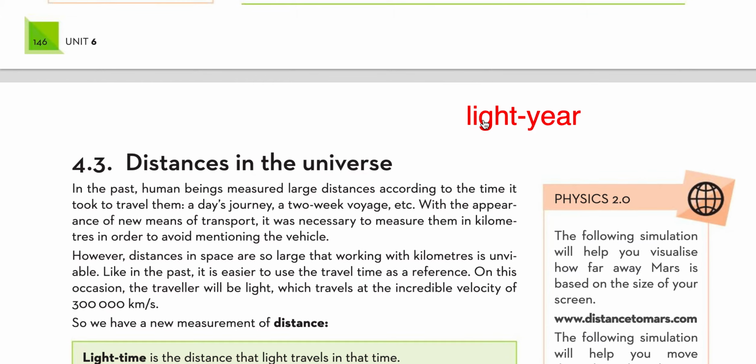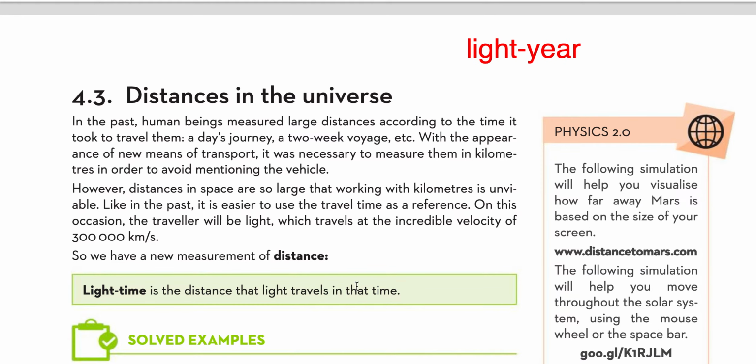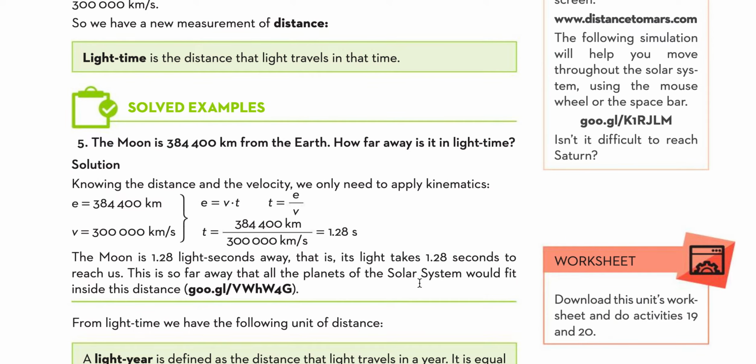And what is 1 light year? It's the distance that light travels in 1 year. So light is very, very fast. It's moving at 300,000 kilometers per second. Light is traveling 300,000 kilometers in just 1 second.